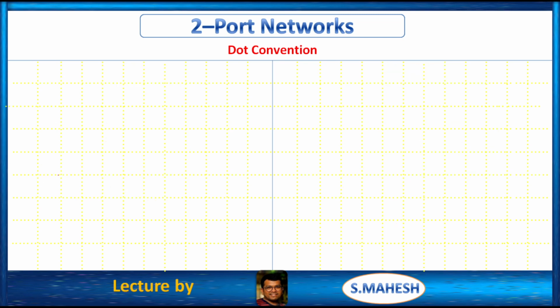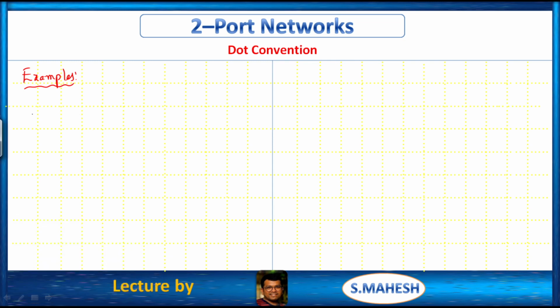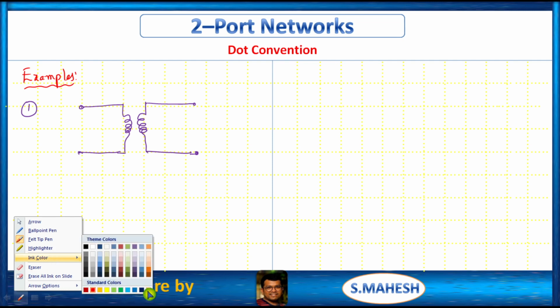Now we have to consider some examples. Let us take example 1. In this, I have a coil like this, and like that. This is example 1. Okay, before that, first I would like to draw all the examples.